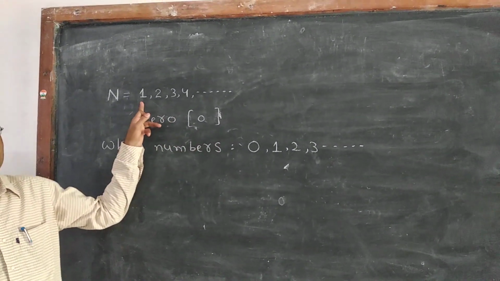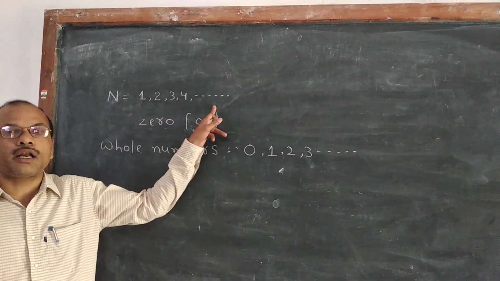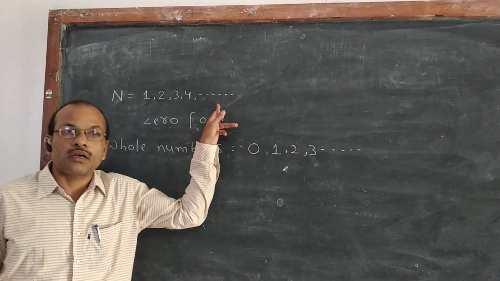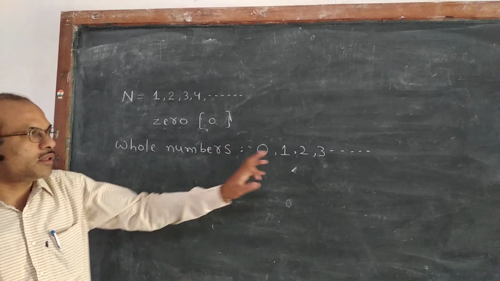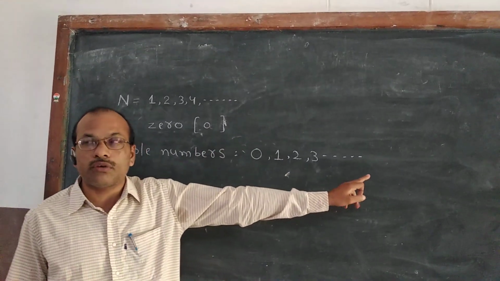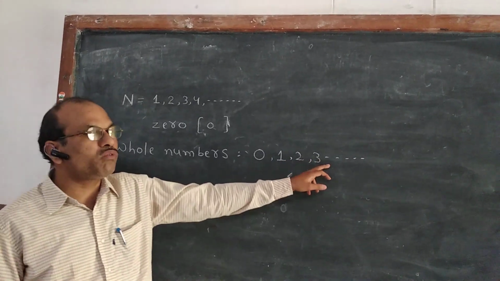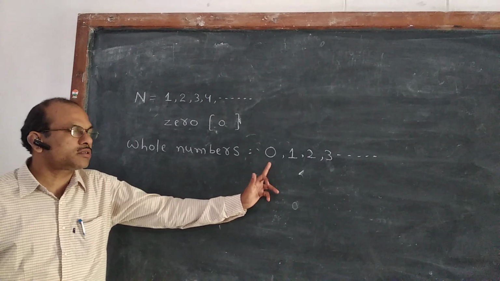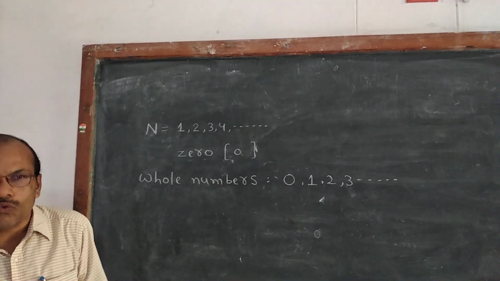And natural numbers do not have a greatest value; the greatest value cannot be obtained. Same way, the largest value in the whole numbers cannot be obtained. Infinitely we can extend that. So we can say the smallest whole number is 0, and the smallest natural number is 1.